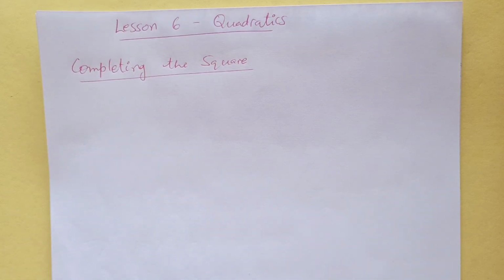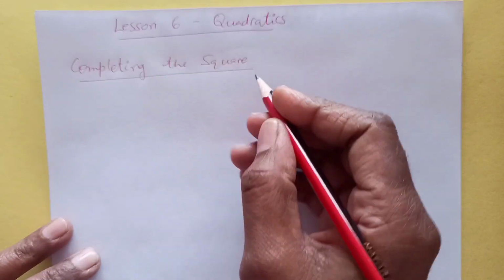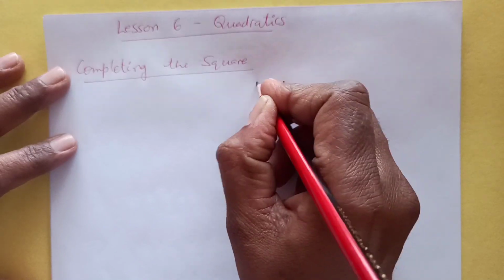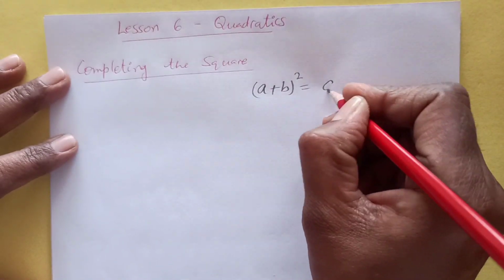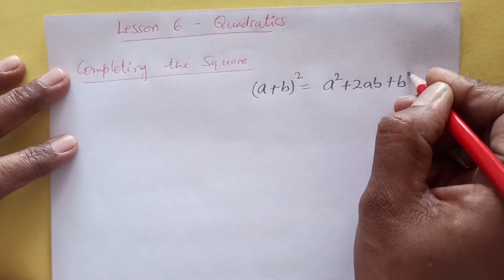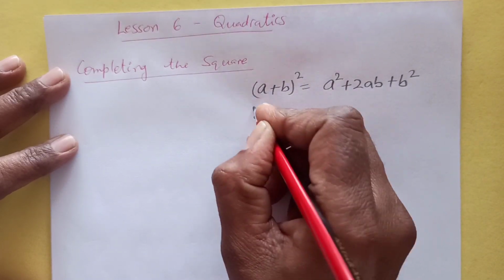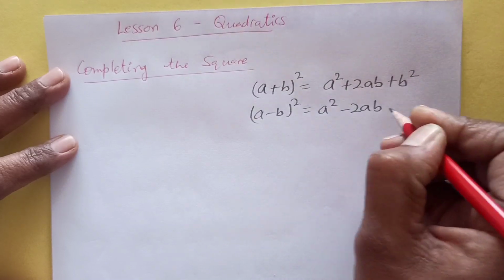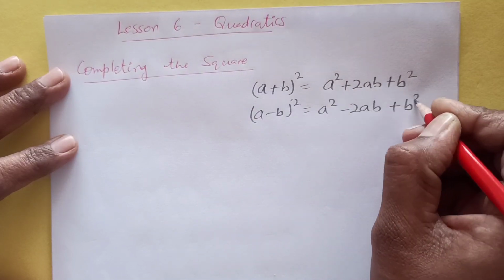So let me remind you of something here. As you know, we have the formula (a plus b) whole squared, which is a squared plus 2ab plus b squared, and (a minus b) squared is a squared minus 2ab plus b squared.